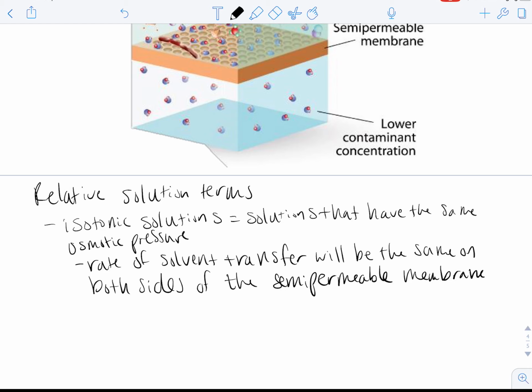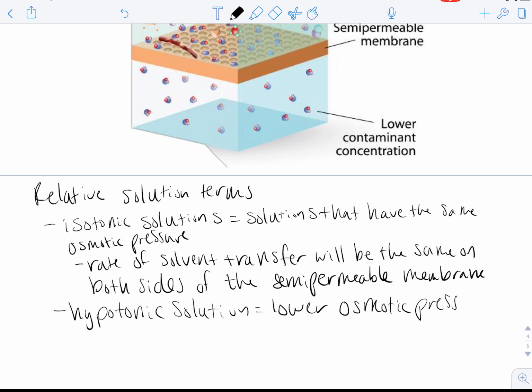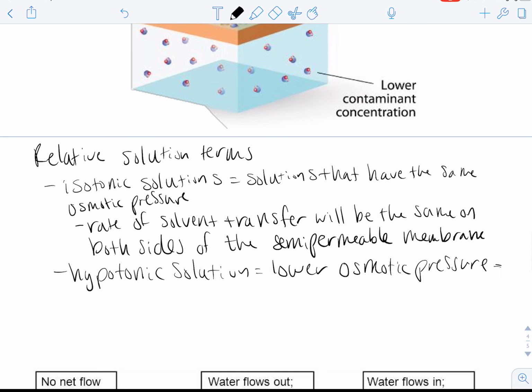And then we can look at what's called a hypotonic solution. So this is one that has a solution with a lower osmotic pressure, and as such, it has a lower solute concentration.